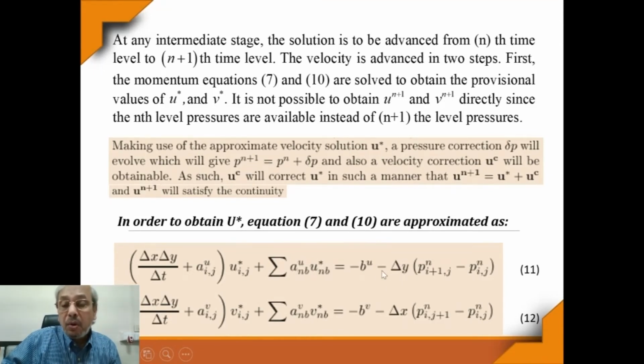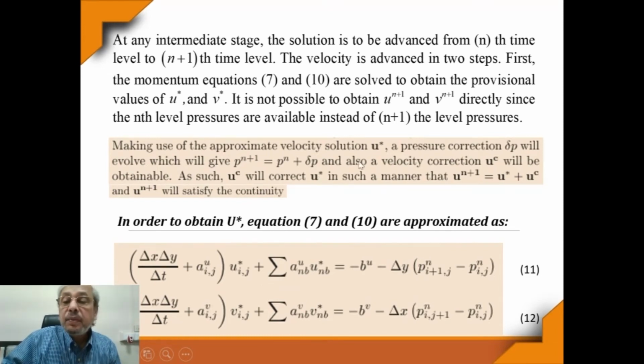So if we can evolve delta P, we can know how delta P will be added to P to make it pressures at n plus 1th level, then these u stars will also be corrected to u at n plus 1th level.